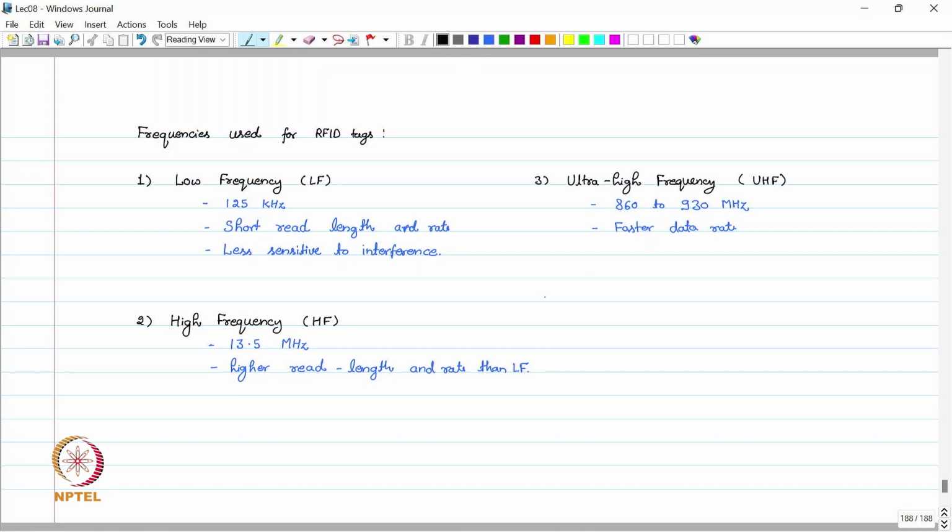And the fourth is the microwave, where we have the frequency ranges 2.45 gigahertz.